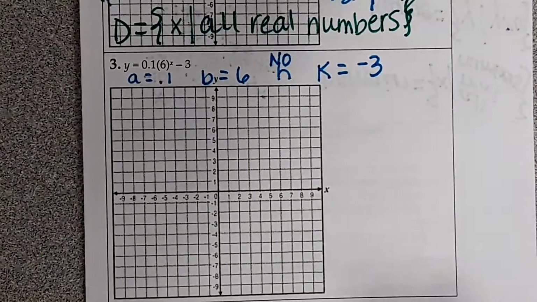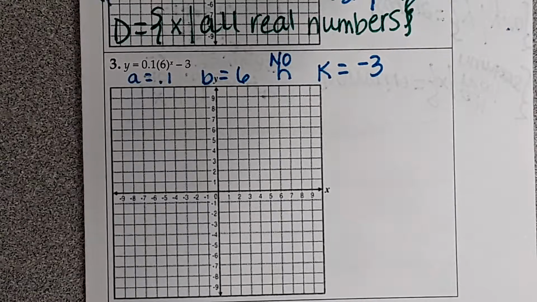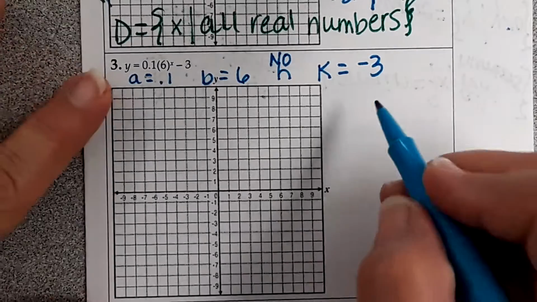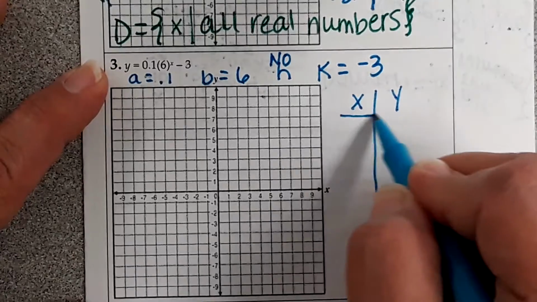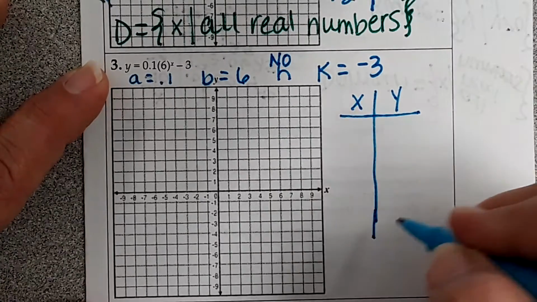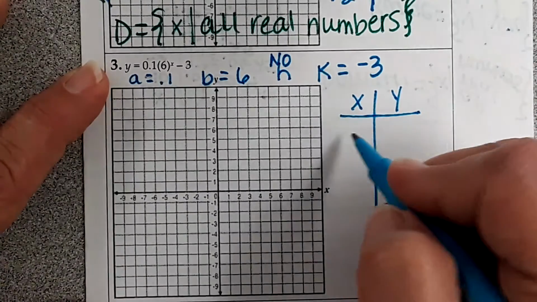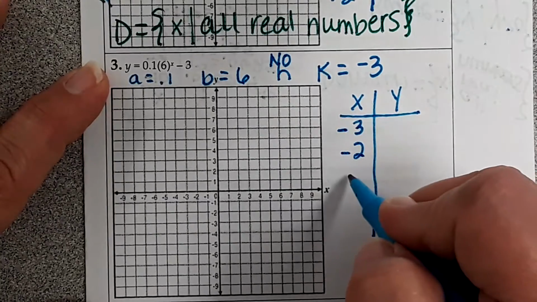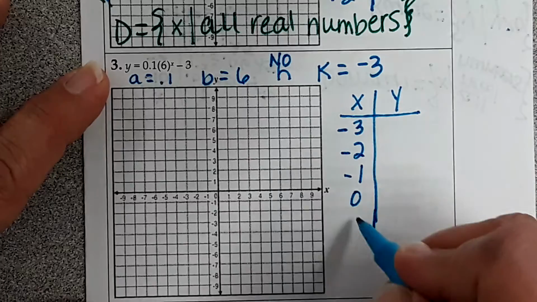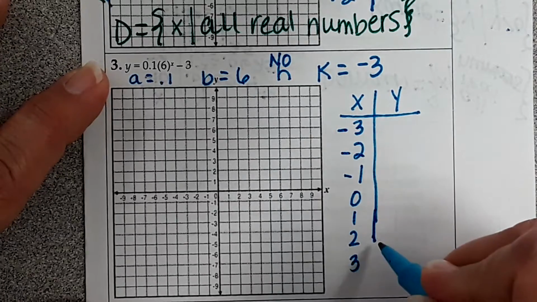That K is really telling us what our range is going to be and what our asymptote is going to be. Okay, so what do I need to do? Make a what? We're just going to start with -3, -2, -1, 0, 1, 2, 3.